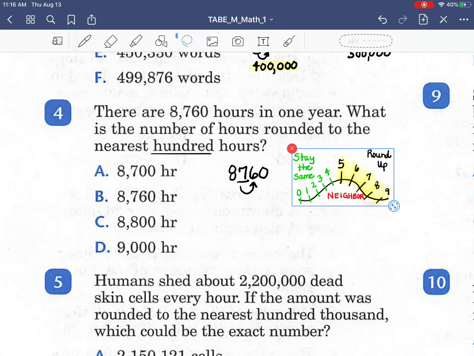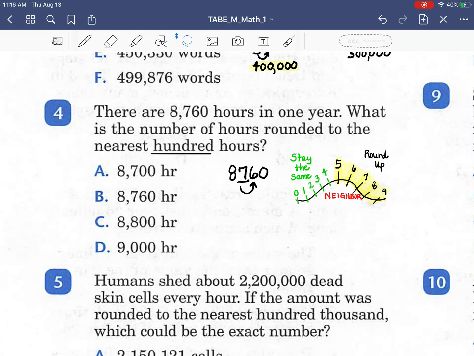The neighbor is in the roundup column or area. So that 7 is going to round up to an 8. Remember, anything in front of it stays just where it is. And then the neighbors after it round off. So the answer to number 4 is C, 8,800.